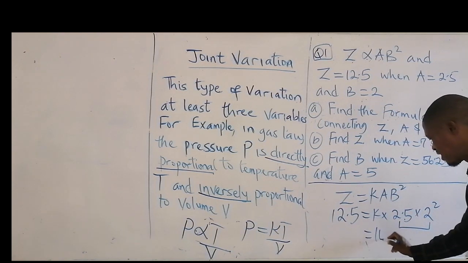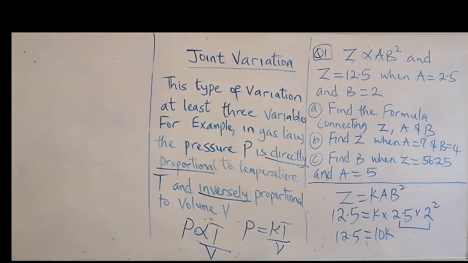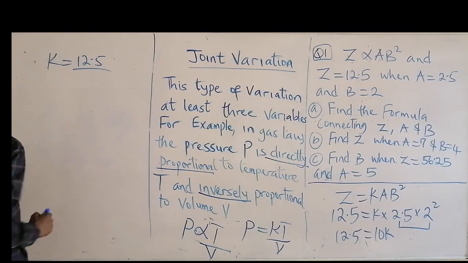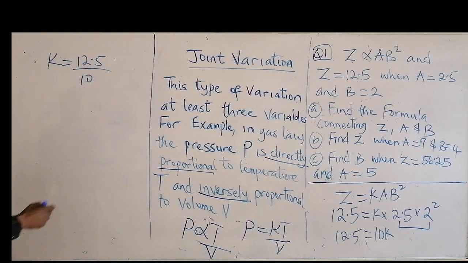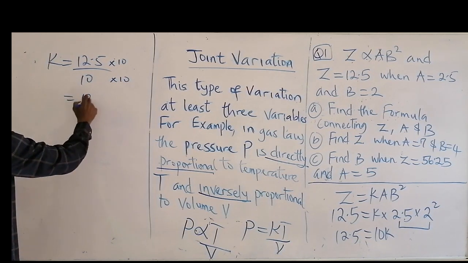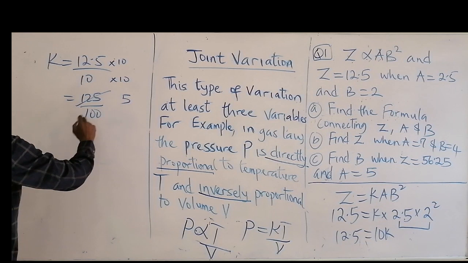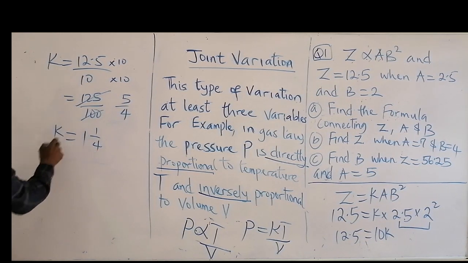So 2.5 is equal to 10K. So K is equal to 2.5 over 10, which I can write as 25 over 100 by multiplying by 10 top and bottom. 25 here goes 1 time, 25 here goes 4 times. So that's 1 over 4. That's the value of K.